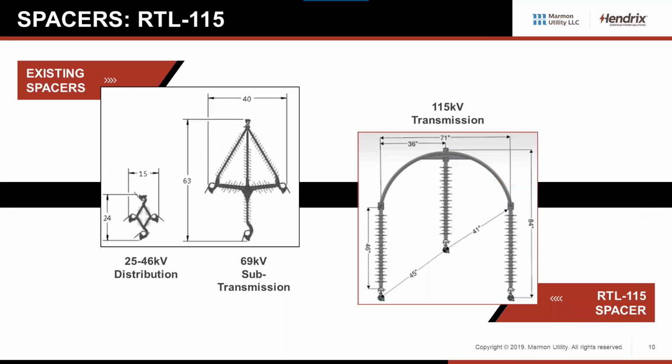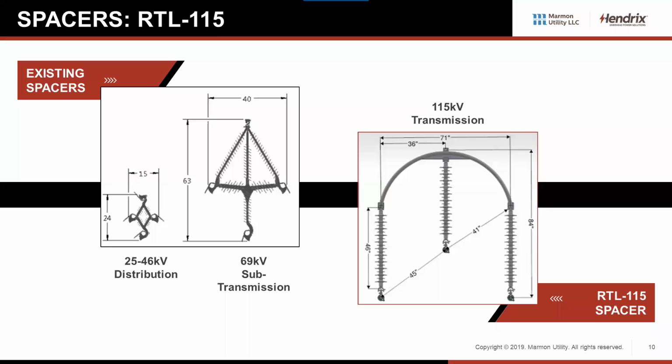Like I mentioned, we're getting ready to launch our 115 kV version of aerial spacer cable. And putting more covering on the conductor wasn't a monumental task for us to undertake. But like I said, as you get a little bit larger on the spacers themselves, that's where the challenge becomes.